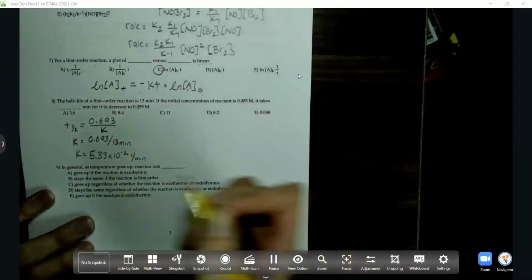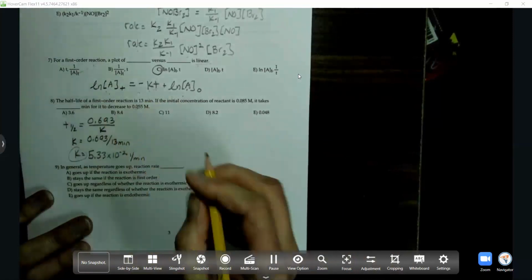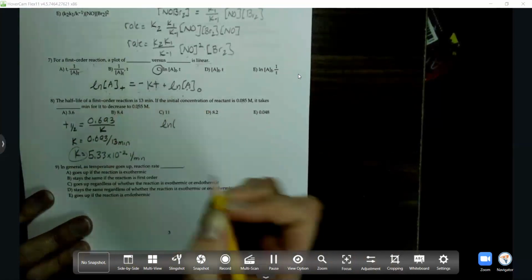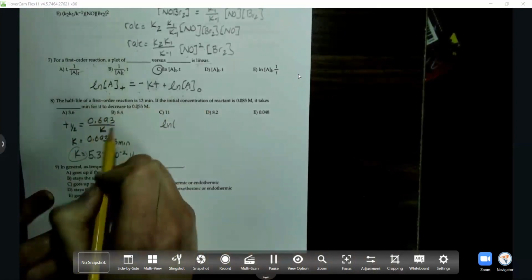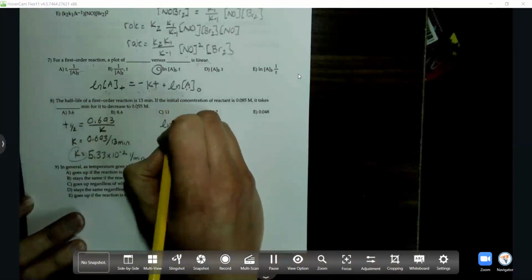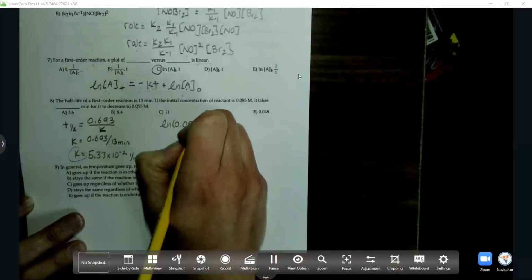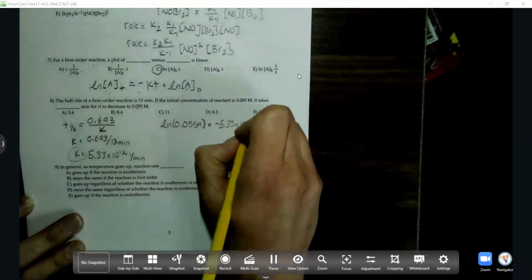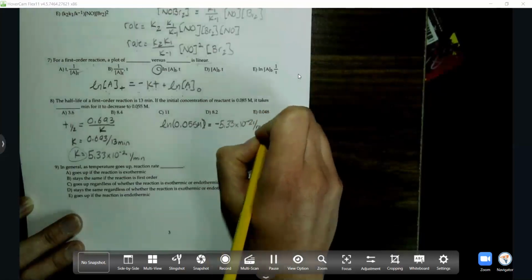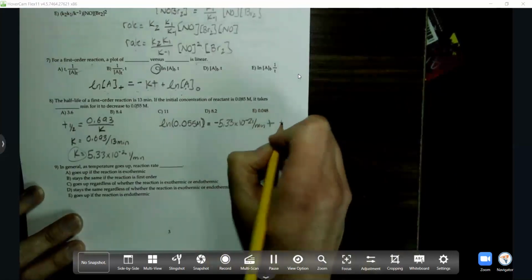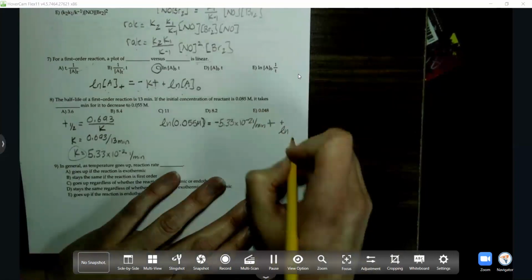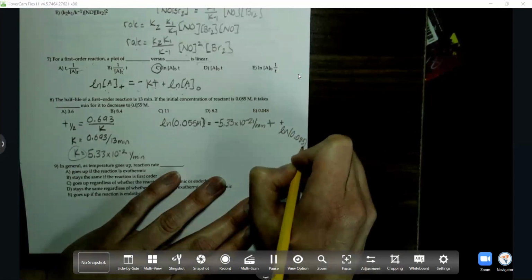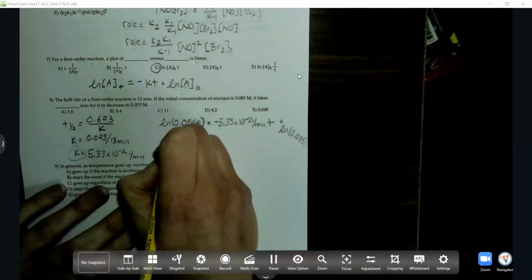All right, so now we have our k, we know our concentrations, we're going to plug this in. So we have ln of our final concentration, ln of 0.055 molar, equals negative 5.33 times 10 to the negative 2, 1 over minute, times t, we're looking for t, plus ln of 0.085. So we plug these into our calculator.